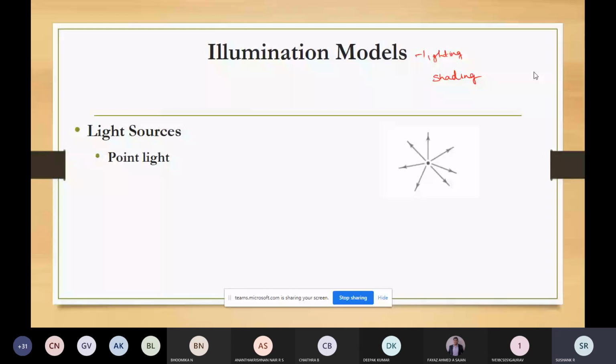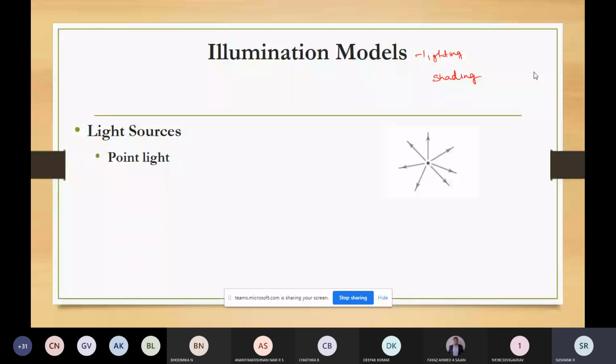So in computer graphics, a light source serves only as a source of illumination for the scene. In some applications you can even create light sources which act as a source and also as a reflector. That is also there, but our main concern is that it is a source of illumination in a scene.